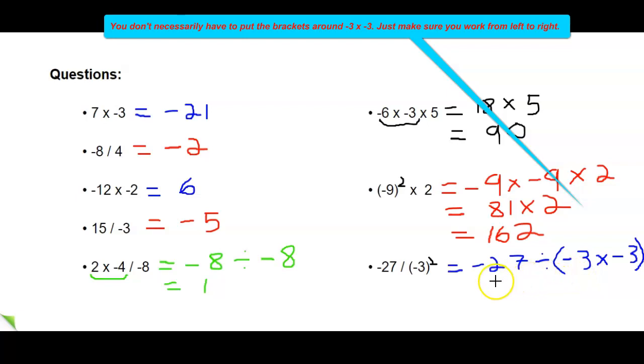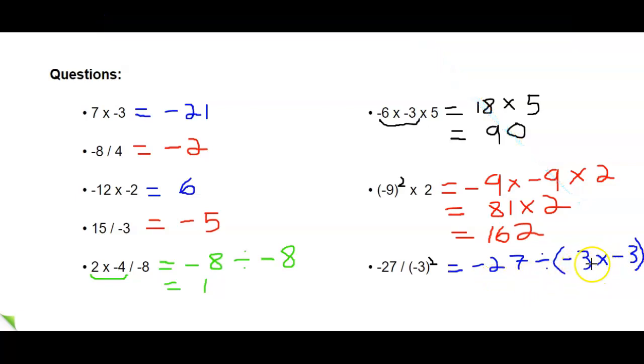So negative 3 times negative 3, negative times negative equals a positive. 3 times 3 is 9. So that's positive 9. So we get negative 27 divided by positive 9.